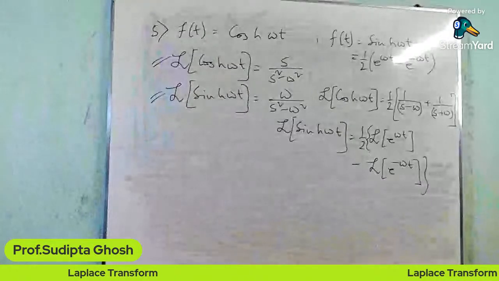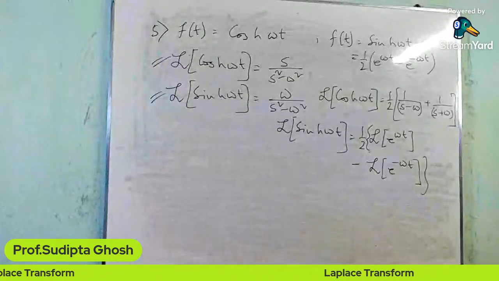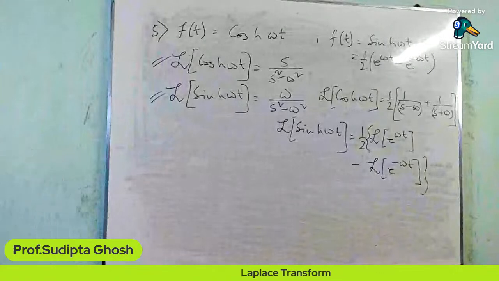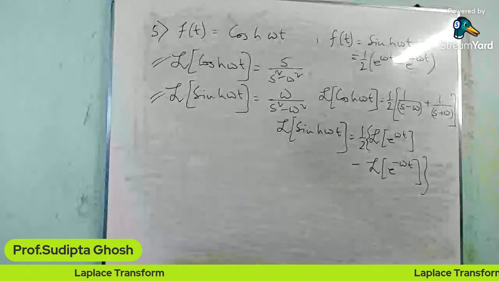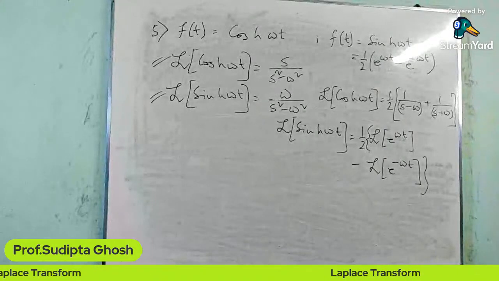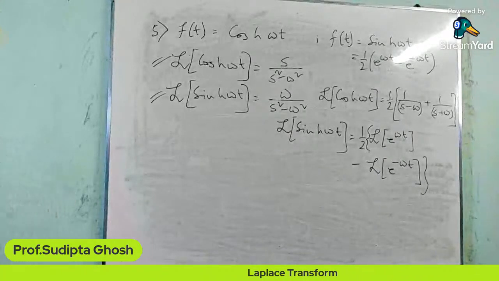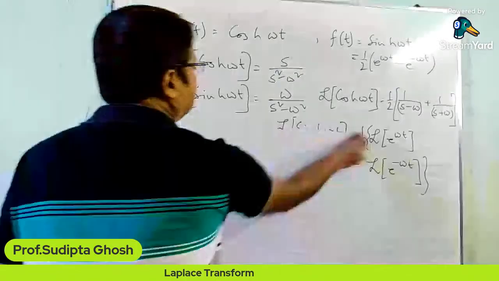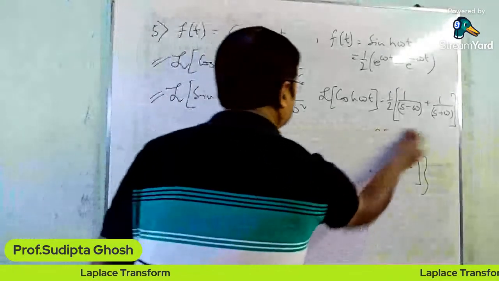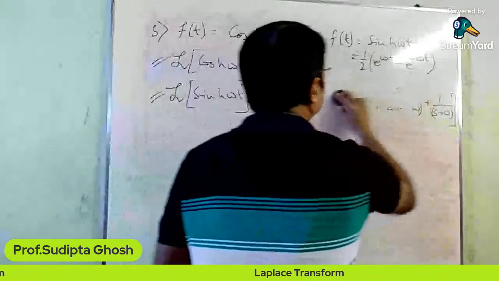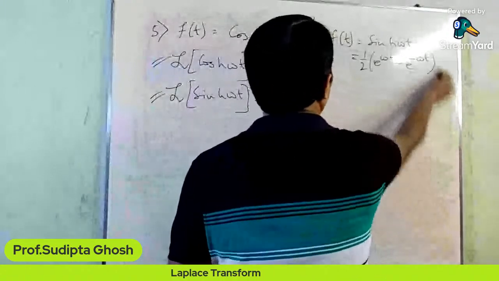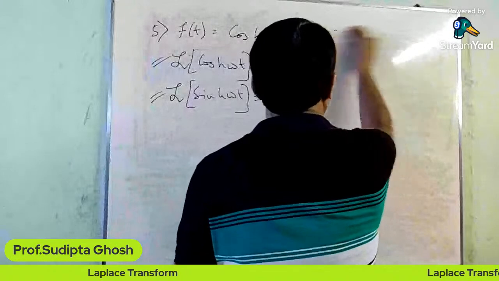So two hyperbolic functions, cos hyperbolic and sine hyperbolic omega t, and their Laplace transformations are derived. Now let's move on to derive another two very important functions, that is simply the cos function and the sine functional form.